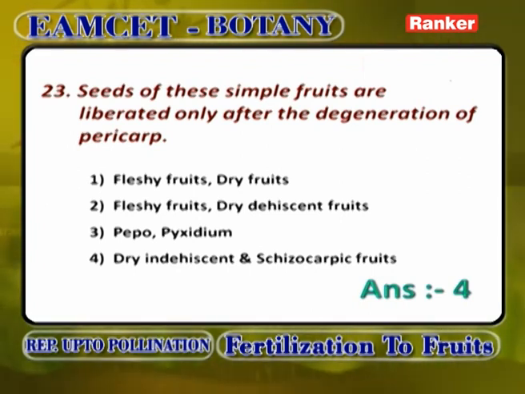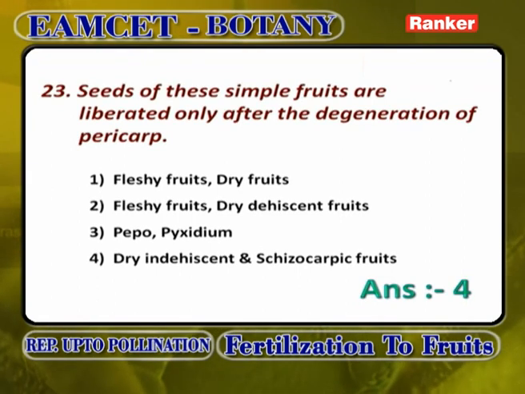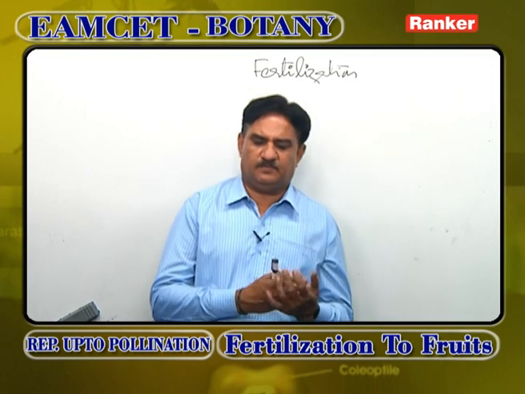Fleshy fruits and dry dehiscent fruits is also wrong. Pepo and pyxidium is also wrong. Dry indehiscent fruits and schizocarpic fruits: schizocarpic fruits show both dry dehiscent and dry indehiscent character. So dry indehiscent fruits and schizocarpic fruits are the only fruits where the seeds are liberated only after the disintegration of pericarp.